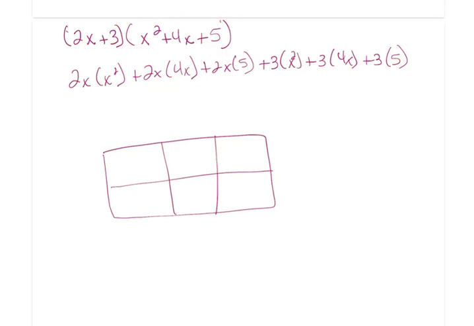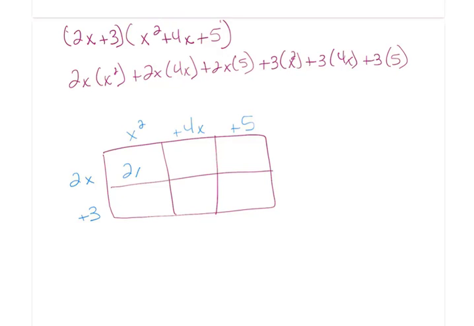So we're going to put our two terms on this side, and if you want, you can throw the little positive there so you know to keep them positive. And then on top you would have your x squared plus 4x plus 5. And then you're just going to fill in each one of these, right?